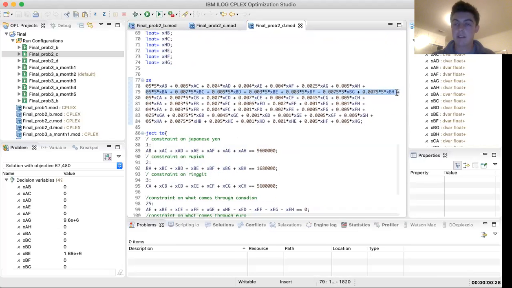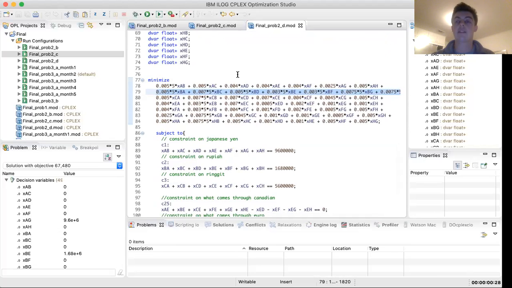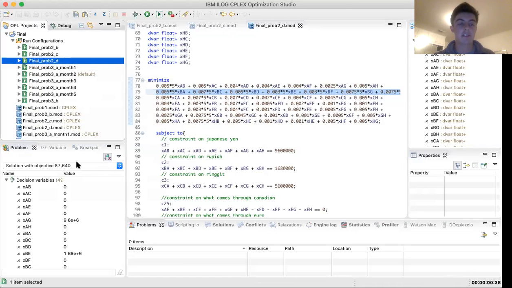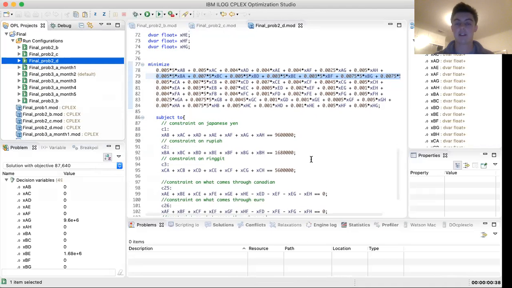So as you'd expect, this problem would have a higher transaction cost than Part C, where there was not this 500% increase. So let's run Part D. And as you see, the transaction cost is $87,640, which is higher than Part C. Logical, makes sense.